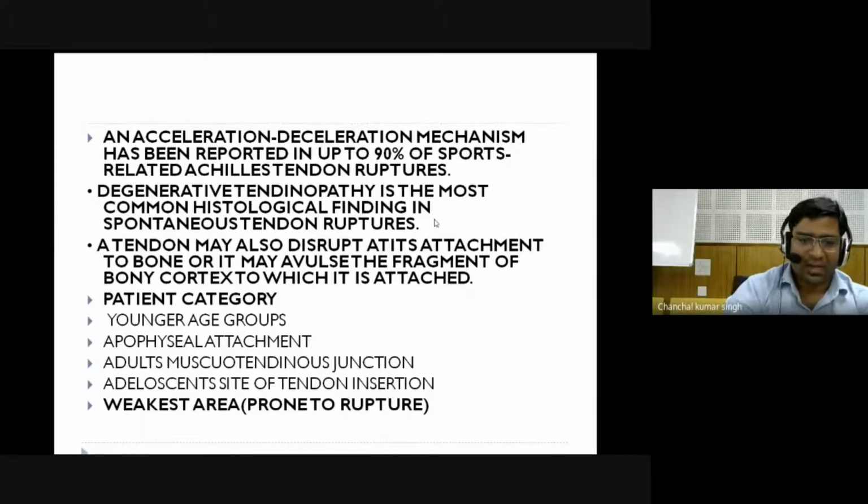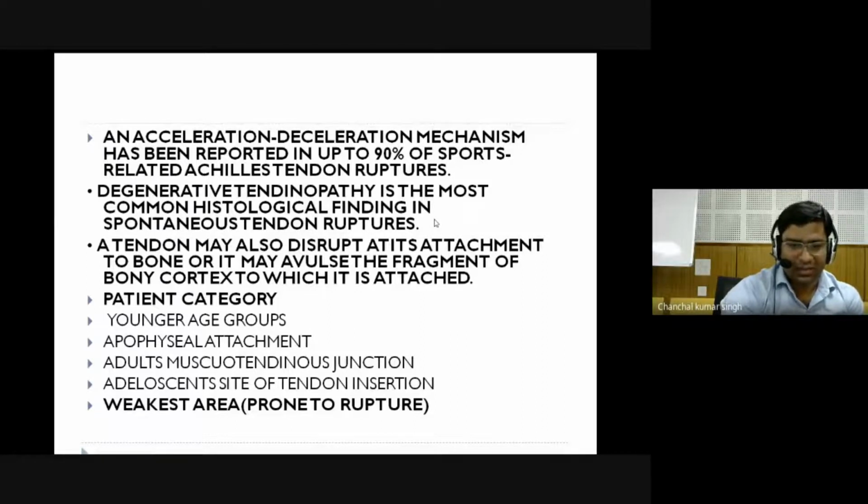If you categorize the patients, in young age groups you will predominantly see injury at the apophyseal attachment. Why? Because the bones are still growing, so they are soft. You have a thick periosteal sleeve, and at the apophysis there is an avulsion, so it detaches from the apophyseal attachment.